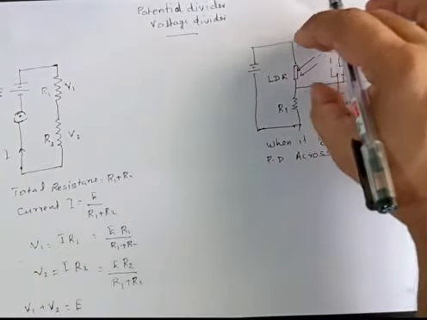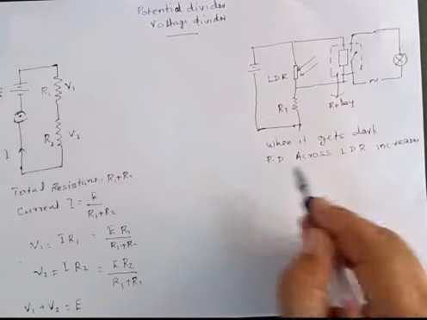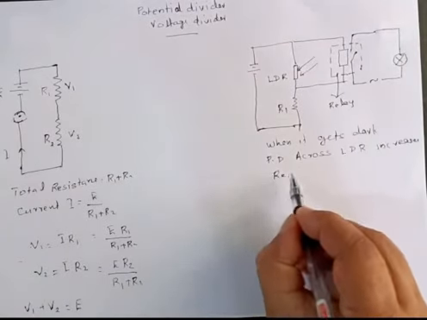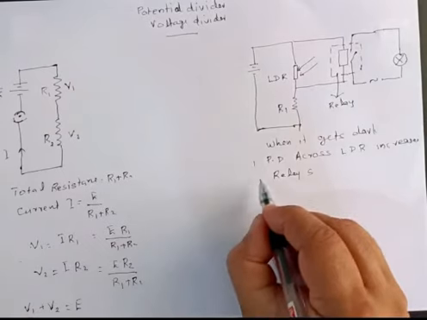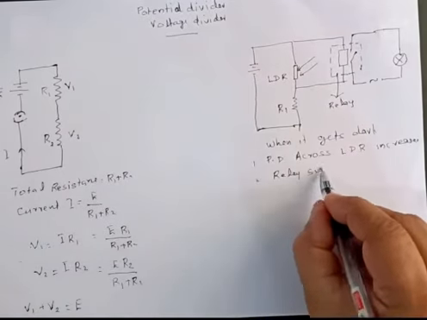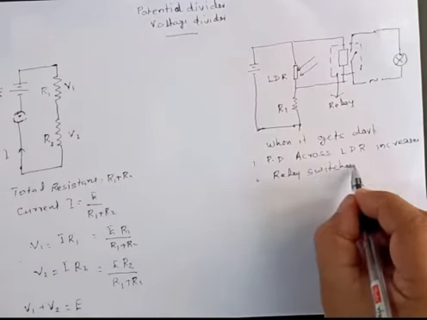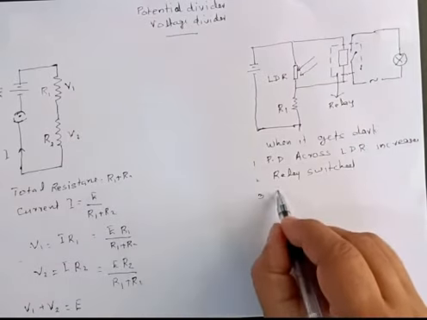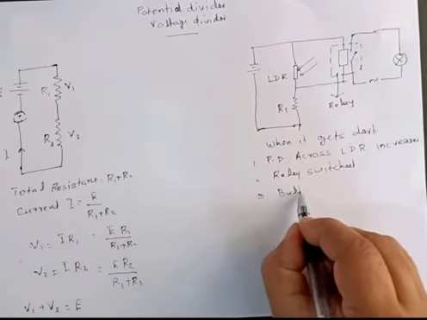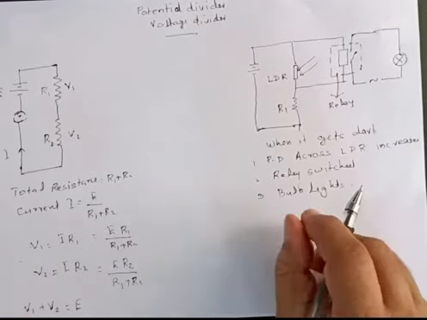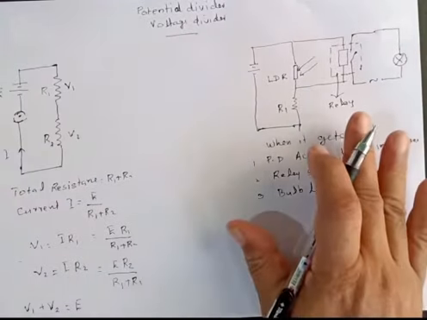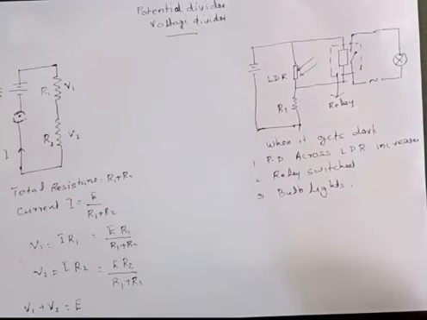So when the potential difference across this LDR increases, the relay is switched on, and the bulb lights up. So this is a very simple arrangement for automatic street light switching.